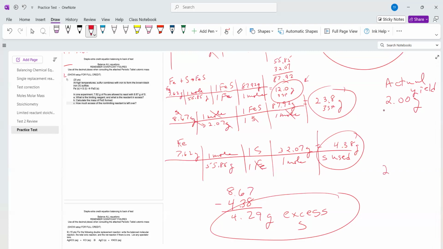So that's 2 over 12 times 100. Okay, so that is very similar to your test.